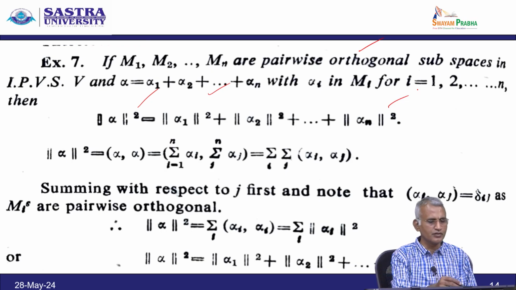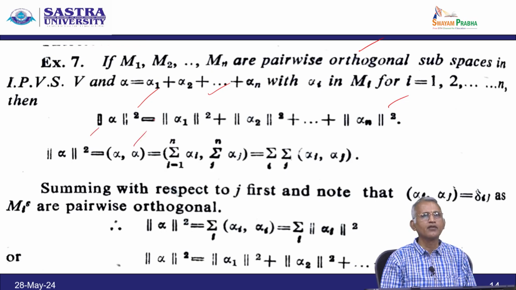Therefore, norm of alpha square equal to inner product alpha comma alpha. So, which can be written as summation i equal to 1 to n alpha i, summation j equal to 1 to n alpha j, then you take it for both, and then we have a double summation of alpha i comma alpha j.